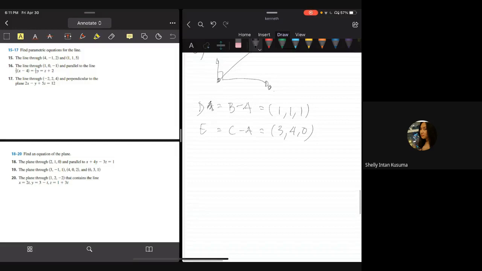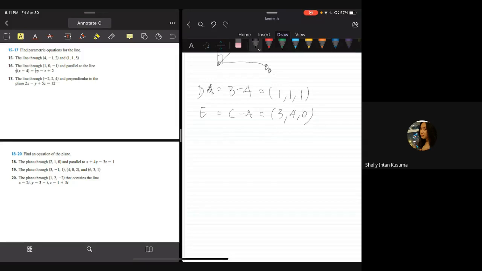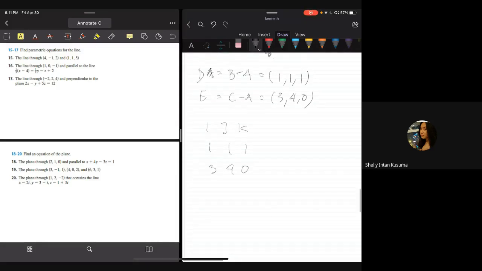Okay, and we can just cross these two vectors to get the normal vector for our plane. So this one is minus 4i plus 3j plus k.